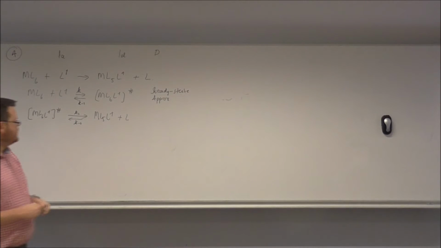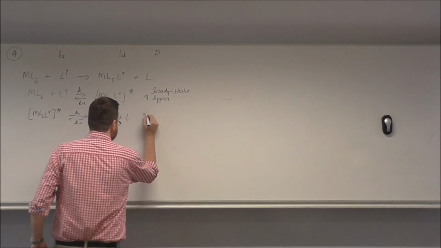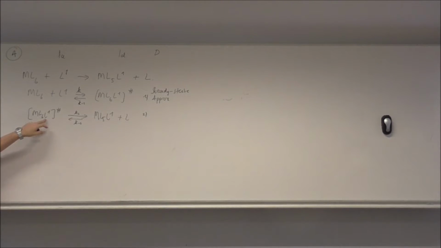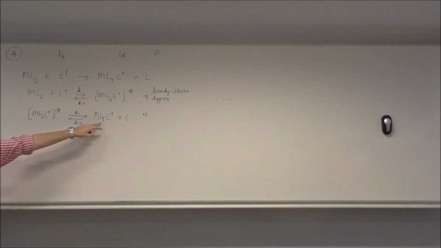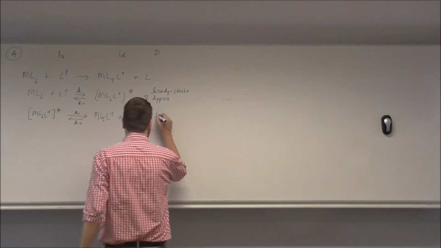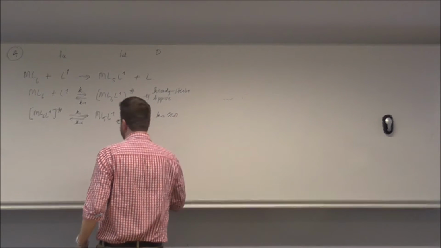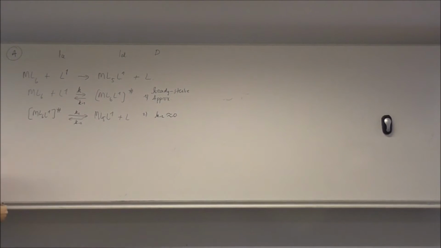That's the first approximation. And the second approximation is we assume, because this is a reactive intermediate, that it's going to rapidly decay to the product, ML5L1, and that K minus 2, in other words, the reverse reaction, is going to have a rate constant of 0. So let's see what happens if we put this all together.